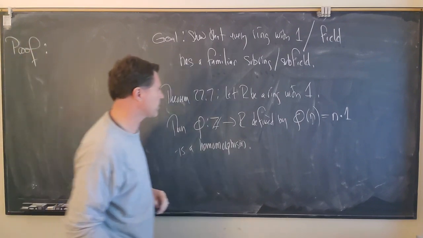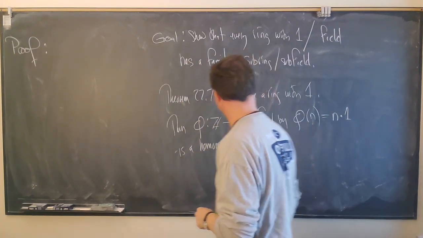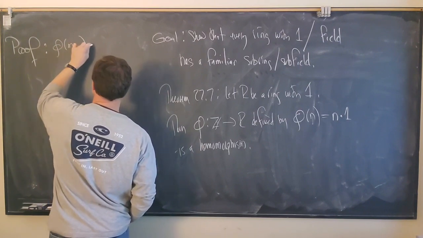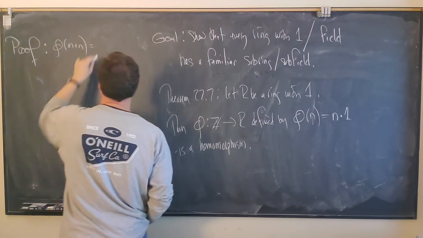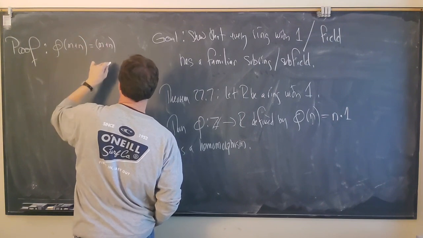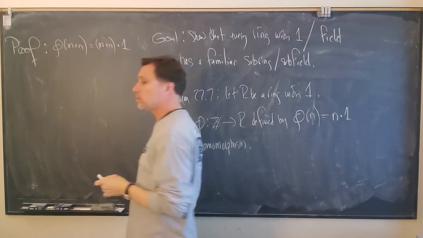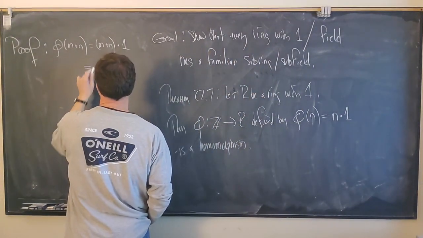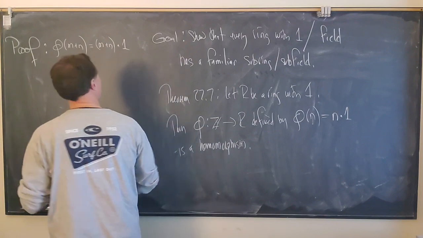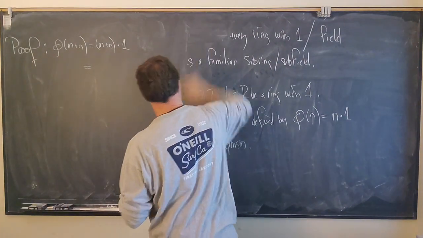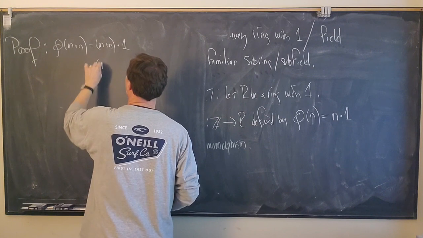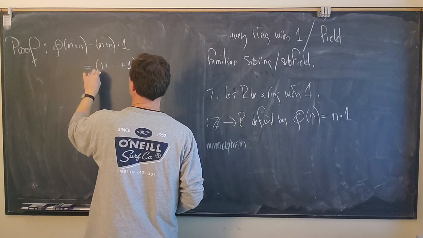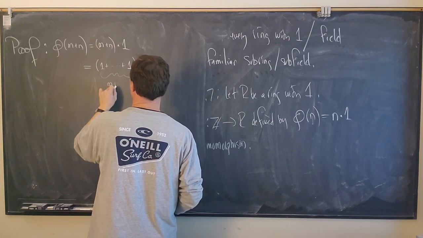Okay, so we just prove this by cranking it out. So let's look at phi of m plus n. That would mean m plus n dot 1. Right? So take 1 and add it to itself m plus n times. That's equal to 1 plus blah, blah, blah, plus 1, where there are m plus n of those.